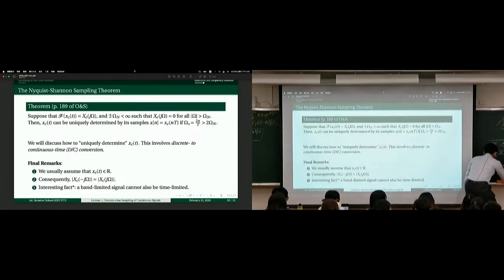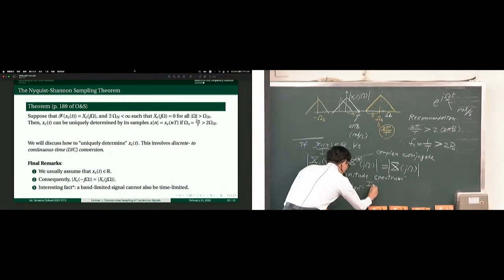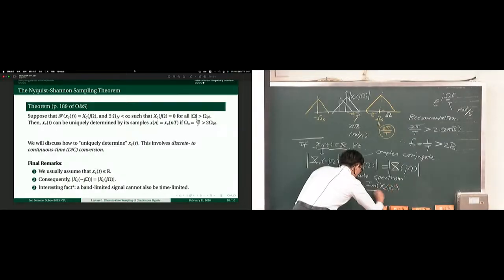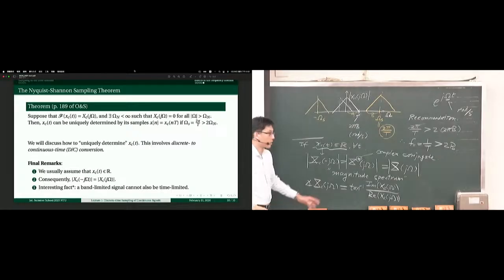The angle of your spectrum is defined by, if I remember correctly, arctangent of the imaginary part divided by the real part. Okay, that's the phase spectrum. So with magnitude and phase, with both of them, now you can completely characterize, completely define your spectrum. Okay, so this is called the phase spectrum.